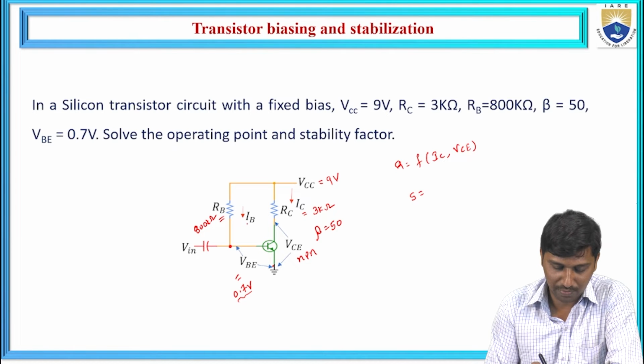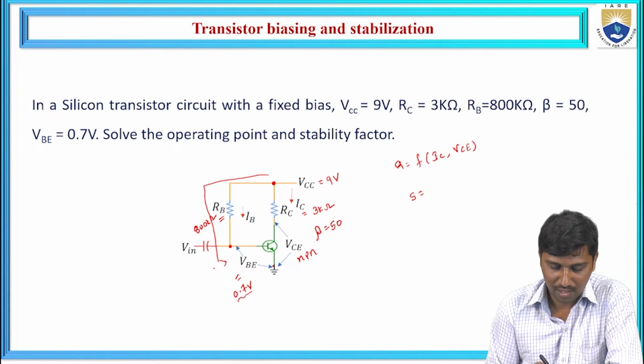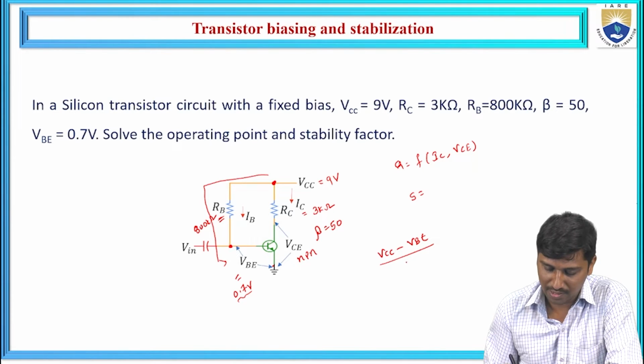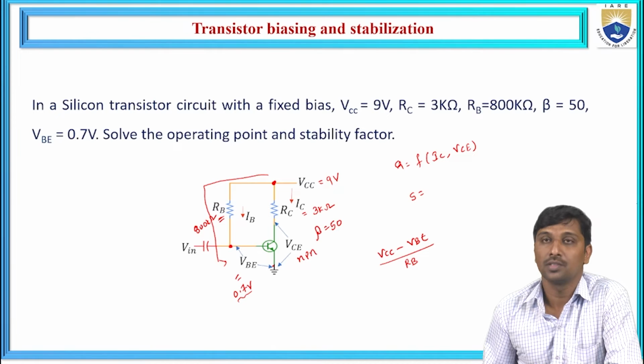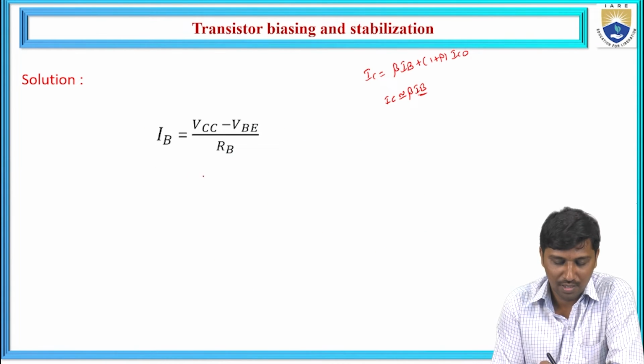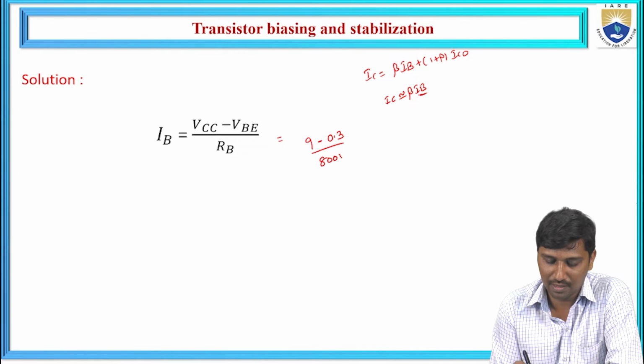We need to find the base current from the input side: one node is at VCC and the other node is at VBE. Since I is nothing but V by R, we consider the voltage drop across the resistance RB. Hence IB is represented as (VCC minus VBE) by RB. Now substitute the values: VCC is 9, VBE is 0.7, and RB is 800 kilo ohms.